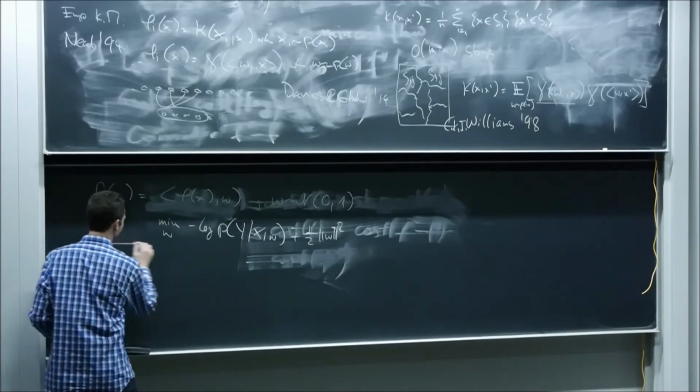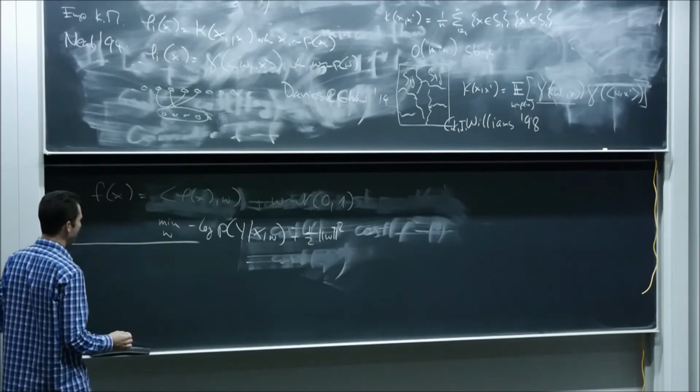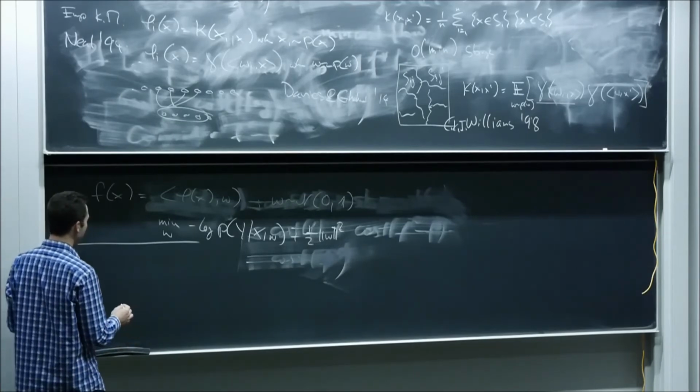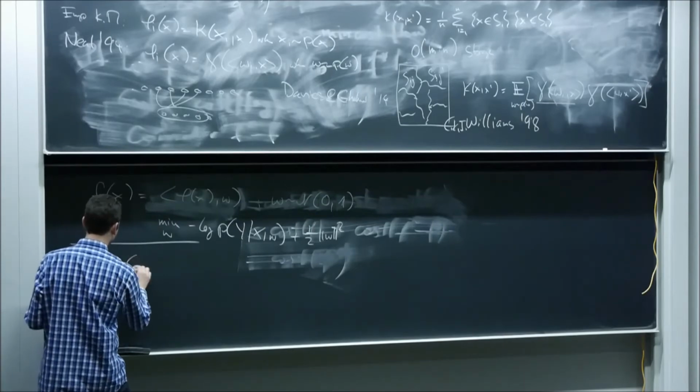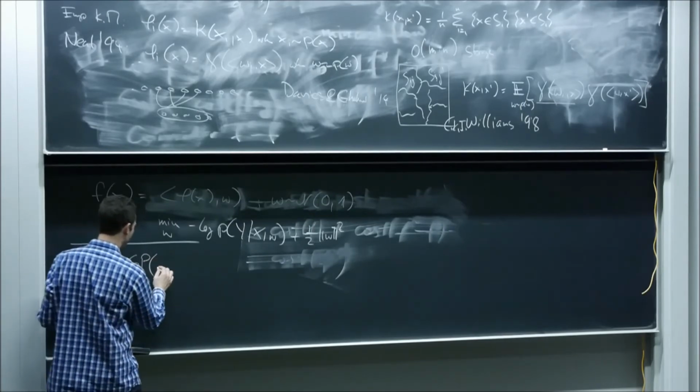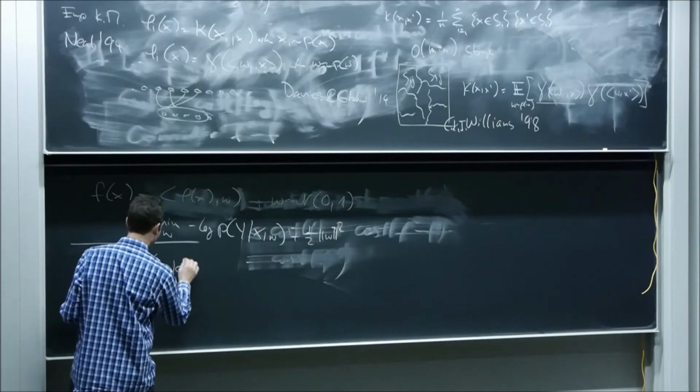Now, in Gaussian process land, you make a very different assumption. You make the assumption that f is drawn from a Gaussian process that's indexed by a mean function mu and a covariance function k.